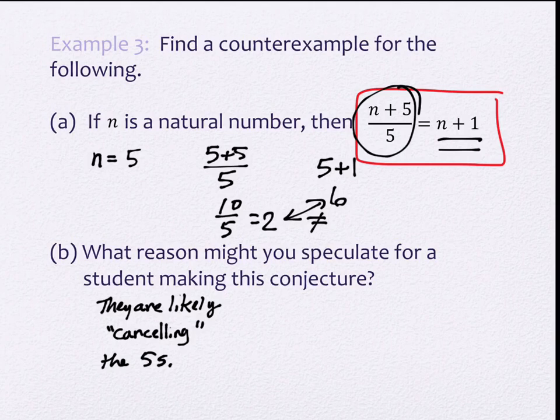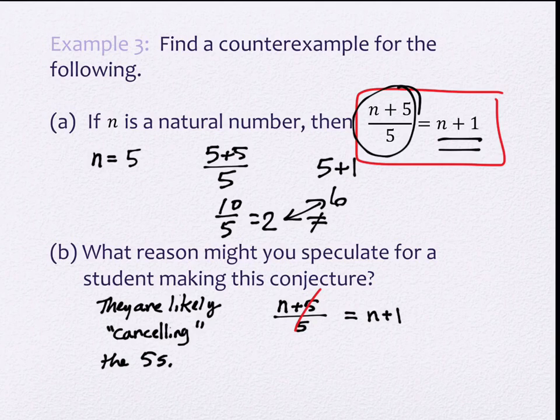It's kind of a scary term because what does it mean to cancel? So it's a better description to say that they reduced it, but likely they literally did this and canceled it, right? And not only that, but they could have just as likely gotten the answer of n as the answer n plus 1 from doing so, because when we cancel, sometimes things become zeros and sometimes things become 1s.